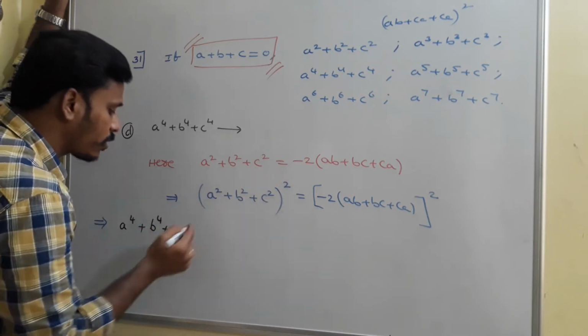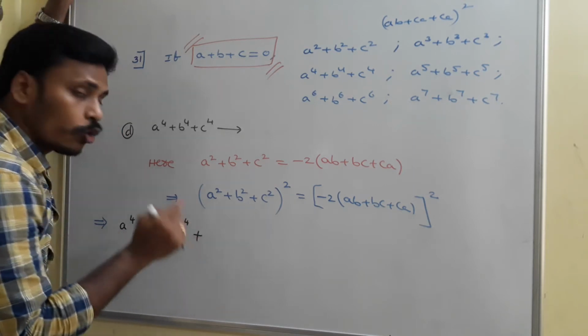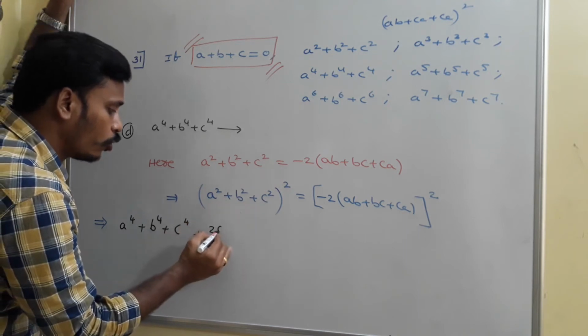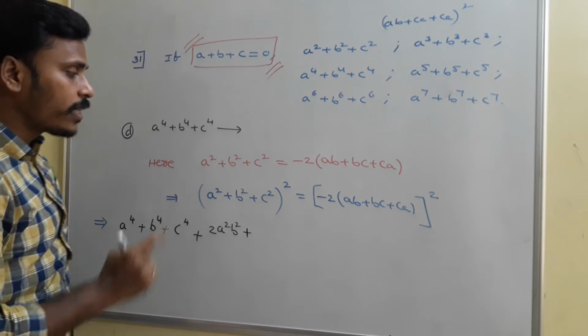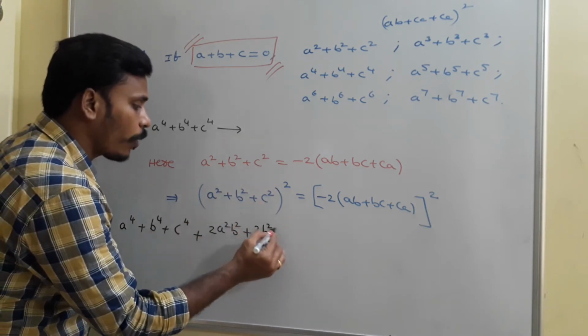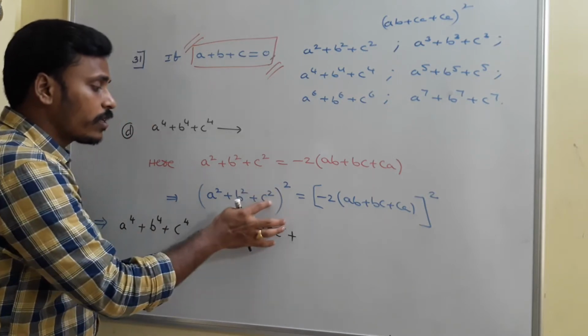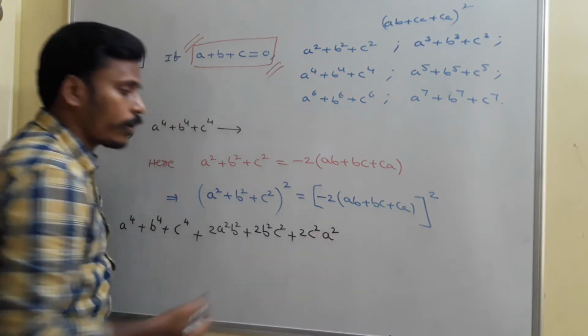Z square is c square whole square, which is c power 4, plus 2xy, that is 2a square b square, plus 2yz, means 2 times of these two terms, so 2b square c square, plus 2zx, 2 times of c square and a square, that means 2c square a square.